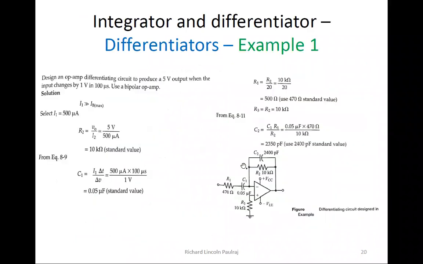Now we will solve a few problems with respect to differentiators and integrators. Design an op-amp differentiating circuit to produce a 5-volt output. So my V naught is going to be 5 volts, when the input changes by 1 volt in 100 microseconds.